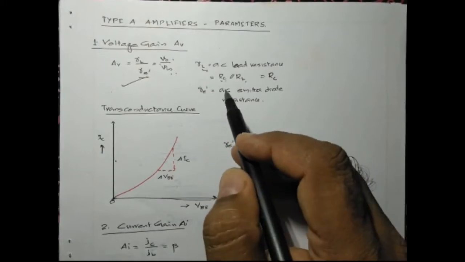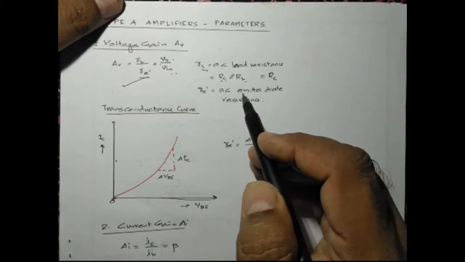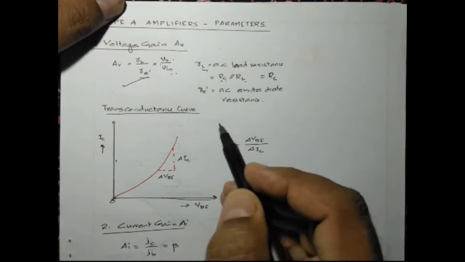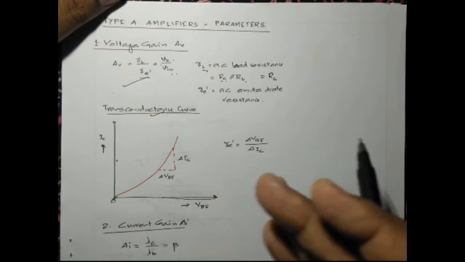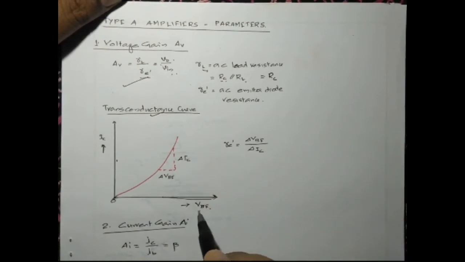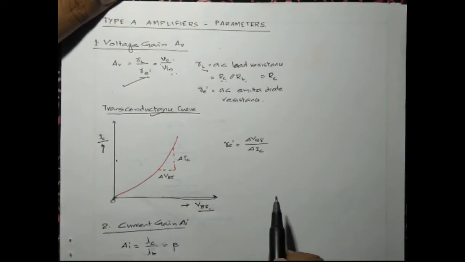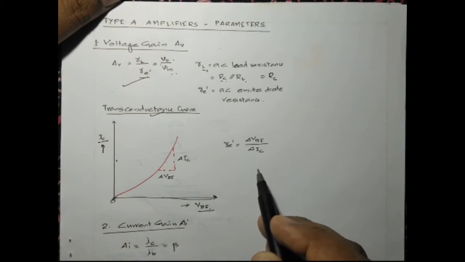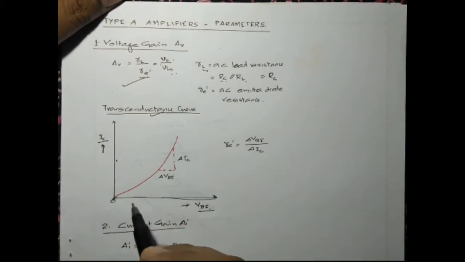Now how do you find out RE prime? RE prime can be calculated using the transconductance curve. We know that the transconductance curve is the curve drawn between the input voltage VBE and the output current IC. When you draw the transconductance curve, it will be like this, and we take a slope.